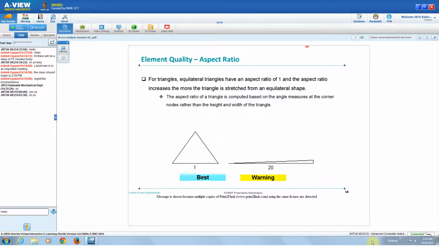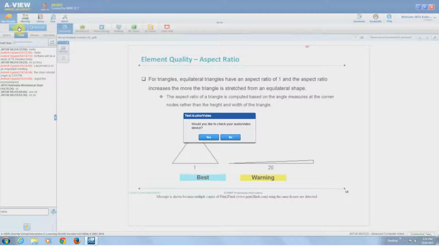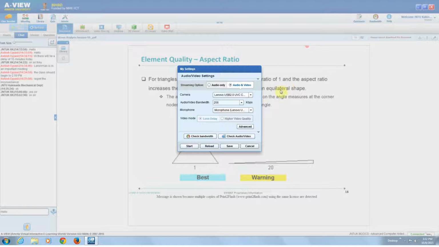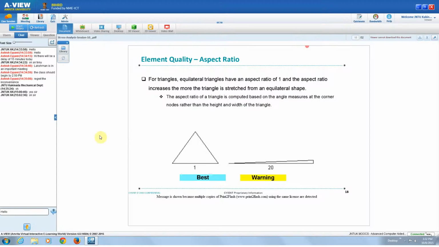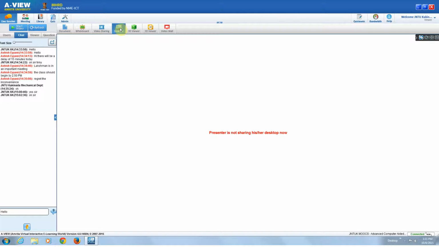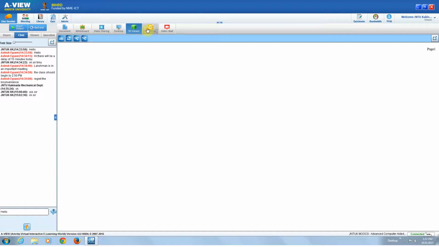This aspect ratio will be calculated for all 2D elements, tria and quad, and also for brick, tet, pyramid, and wedge elements. So this is for 2D, this is for 3D. Aspect ratio is a very important quality checking feature, used for both 2D and 3D, for all types of elements.